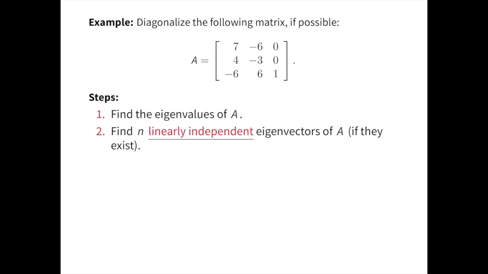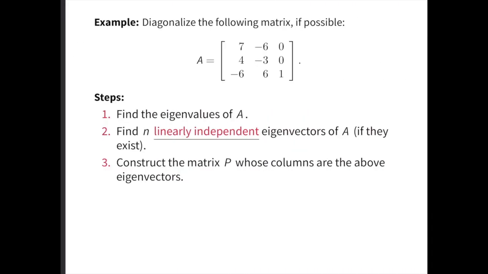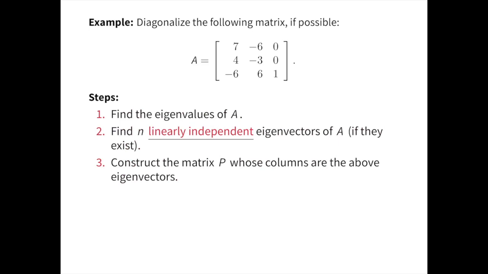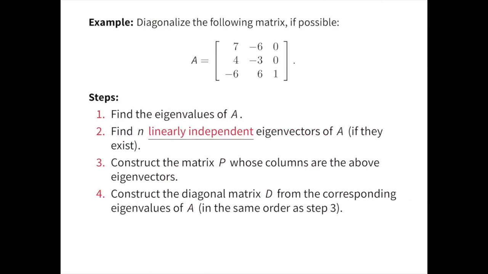On the other hand, if we do find n linearly independent eigenvectors, what we do is we take those vectors and we put them in as the columns of a matrix, which we call P, and that's going to give us our P matrix. So that tells us how to find the P matrix, and then we already know how to find the D matrix from before. We just take the eigenvalues of the matrix A, we plug them in as the entries along the diagonal in D. And that's going to give us both our P matrix and our D matrix.